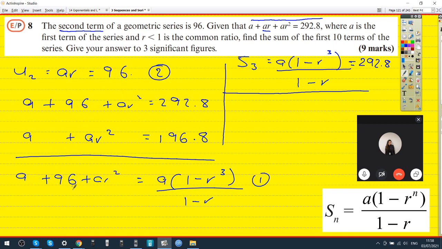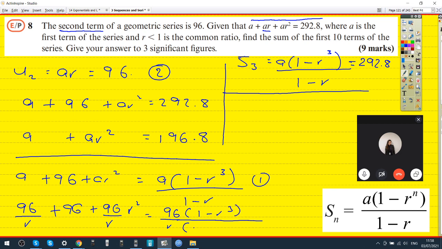A is 96 over R, so you can sub that in for A. That means there's only one unknown, which means we can solve it. If we have two unknowns, you can't. All right, and then you just solve that thing.